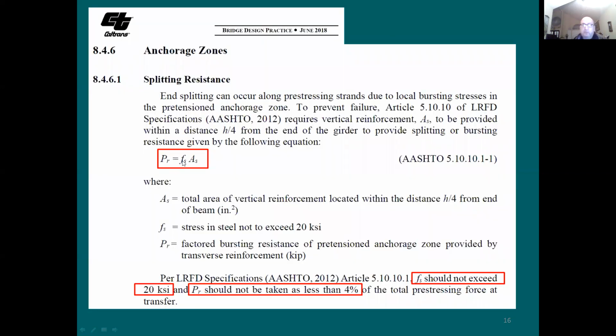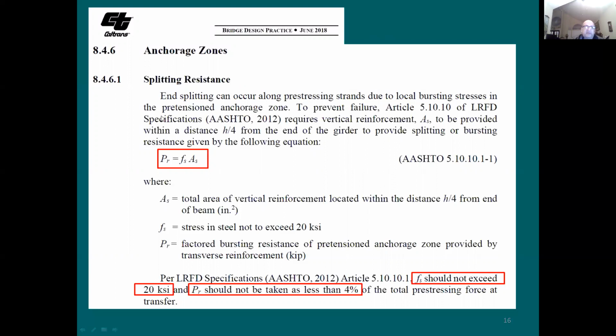Now let's see here what the AASHTO or Caltrans method is. This is going to be based on the BDS, the Bridge Design Specifications or Practice. One of the latest editions that we have there, which is June 2018, is about the anchorage zone design.